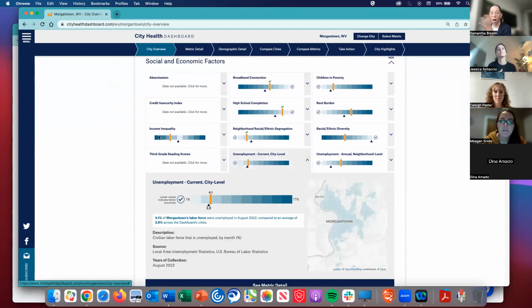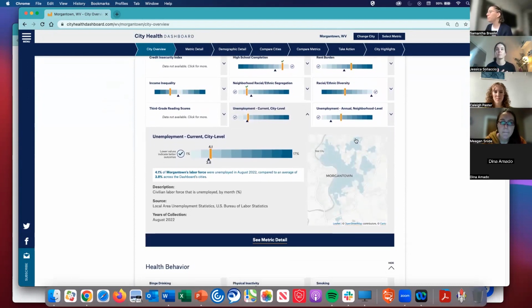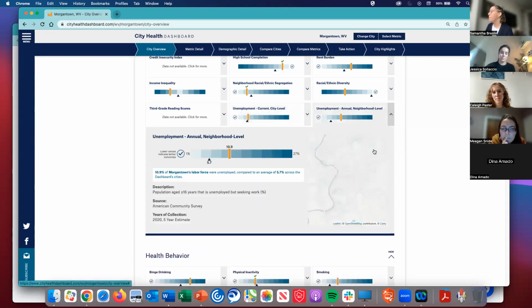They're all hot links. And when you click into them, you can get just some quick information about the metric, how we measure it, the source, the years of collection, as well as a thumbnail of the map.